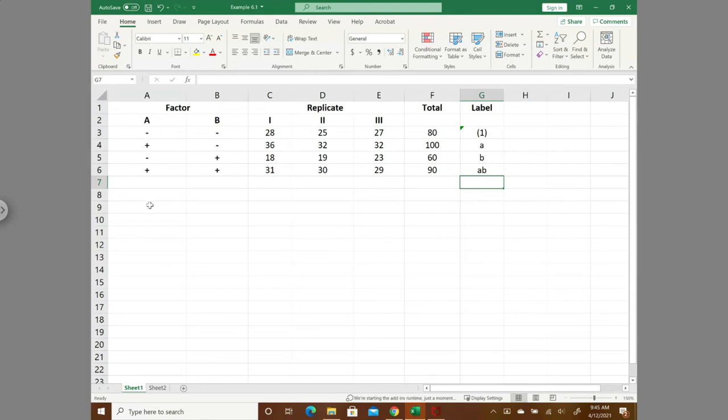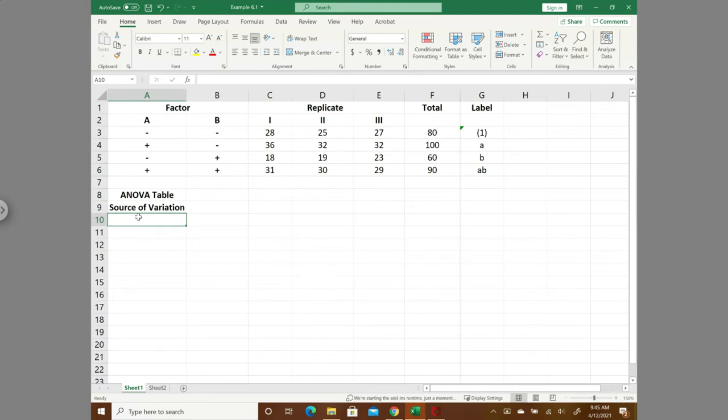Now let's create the ANOVA table. We'll also combine the initial factor estimation in the ANOVA table itself. First, let's write down the source of variation.